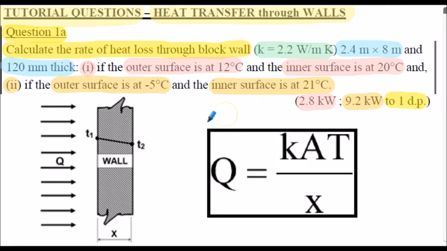So now I'd encourage you to start the presentation and attempt question 1a, calculating the rate of heat loss, Q, using the appropriate formula here, for the two instances stated in the question. The full work solutions are shown on the following slides.